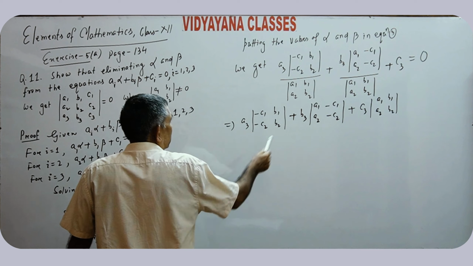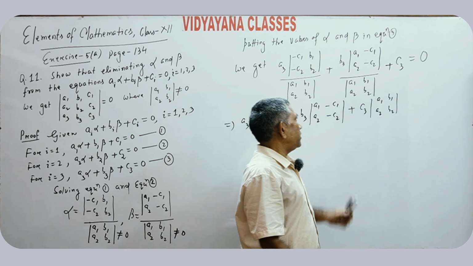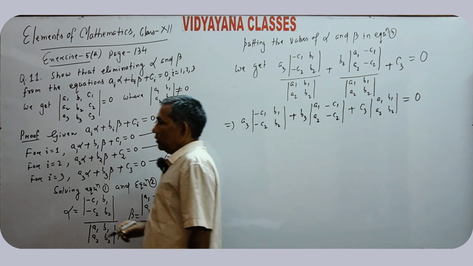Multiplying this determinant at each term, we get this result. Clear?